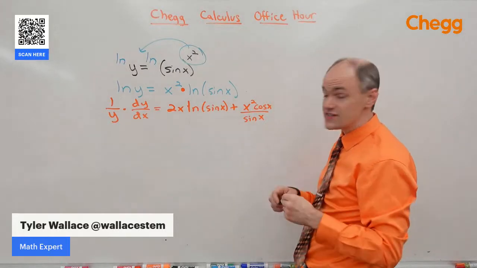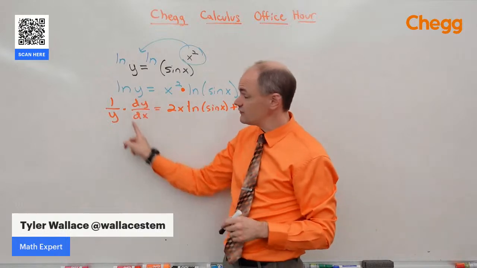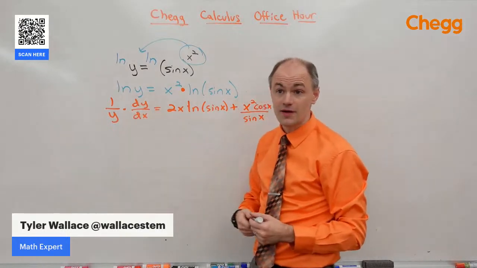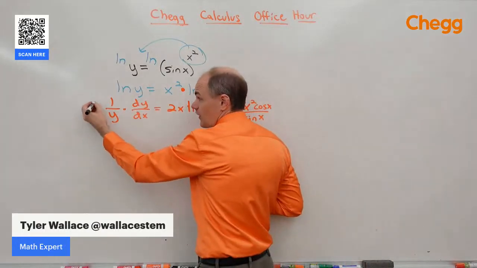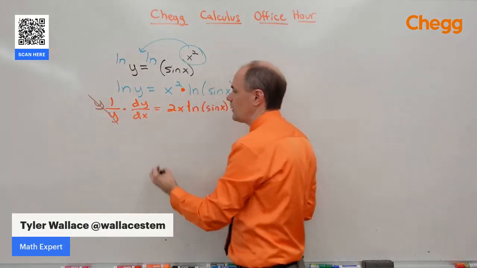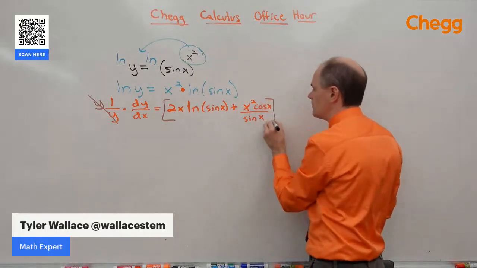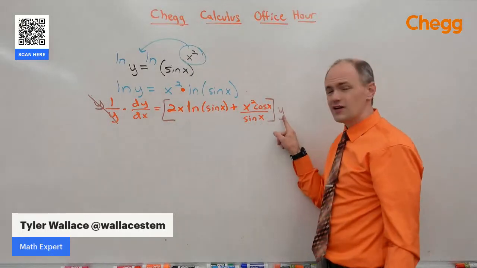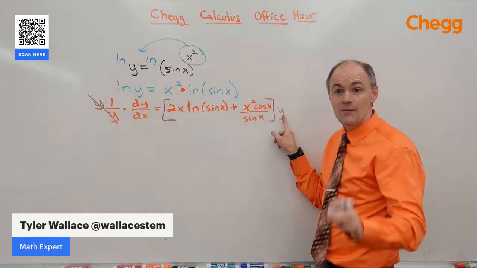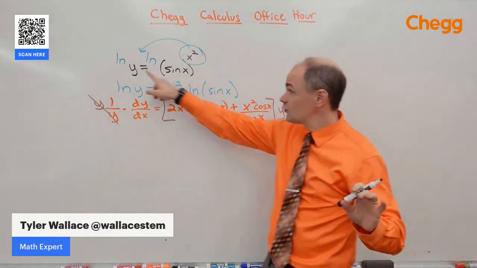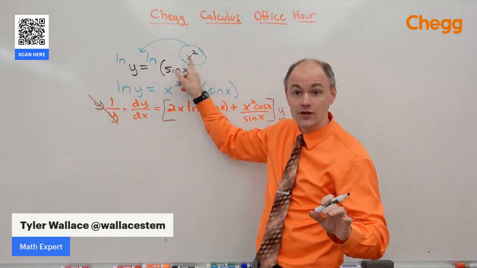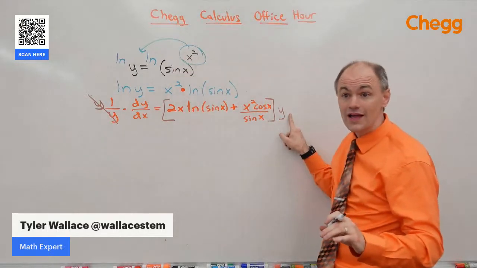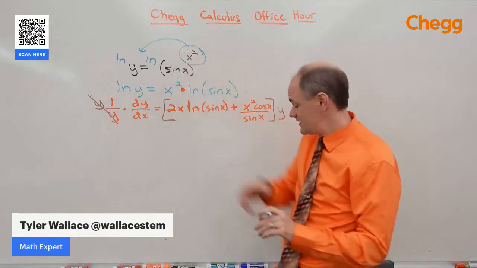But we're not actually done yet because we are still looking for the derivative of y with respect to x. We want to get rid of this divide by y, which we can do by multiplying both sides of this equation by y. But I don't really want y. What's really nice is y is equal to sine x to the x squared power. We can replace this y with what it represents.